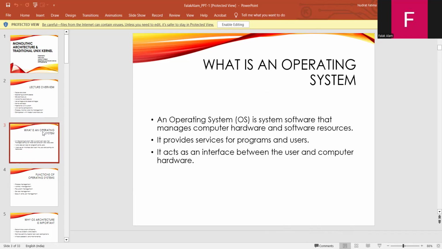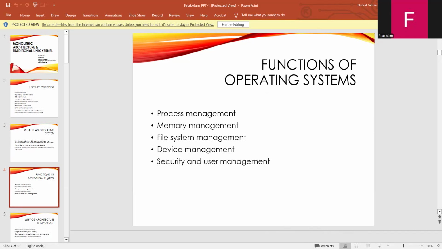Now, what are the functions of an operating system? The operating system performs several critical functions. The first function is process management. A process is a program that is currently running.